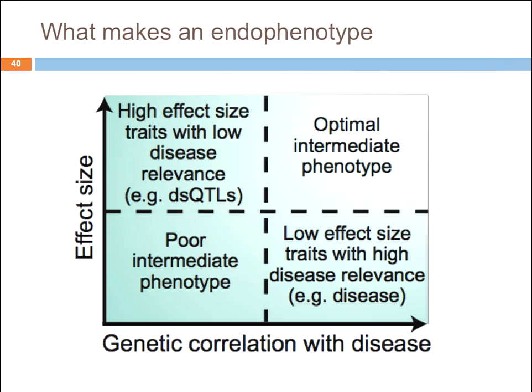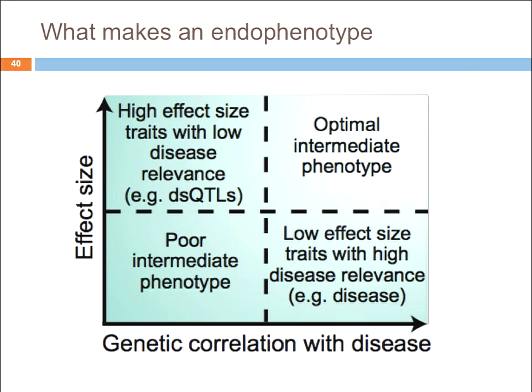Do the same genetic variants that influence the structure of the brain also influence risk for disease? If this is high, and those genetic variants have a high effect size, therefore I need a smaller sample size to detect them, then that's what I would call an optimal intermediate or endophenotype. That would be something I can use to detect and find new genetic variations associated with diseases.